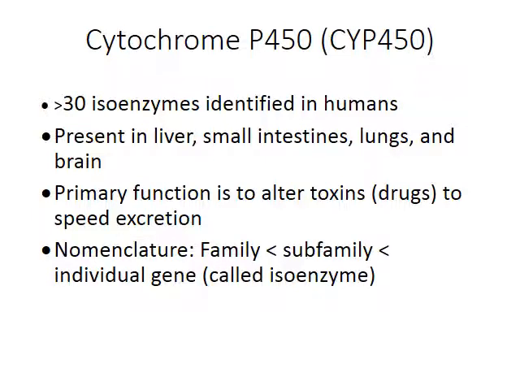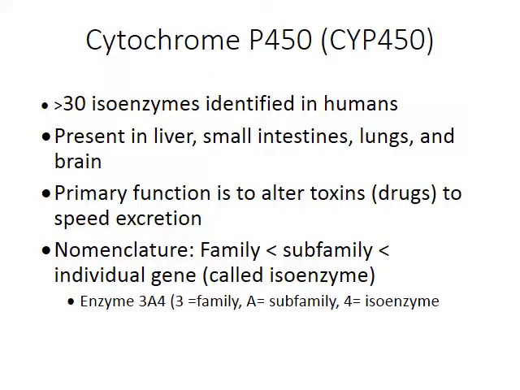We do have to name them to be able to describe them, and just like the geneticists, the pharmacists seem to like their numbers. So these enzymes have got code names. You can see there an enzyme might be called 3A4.